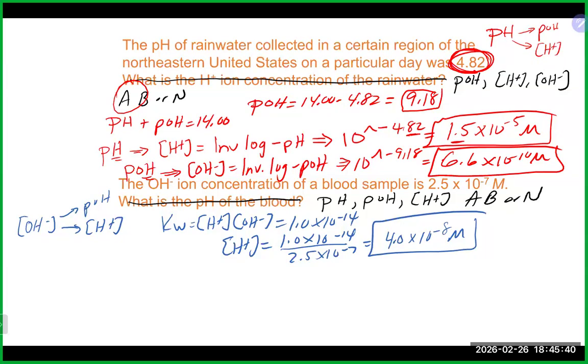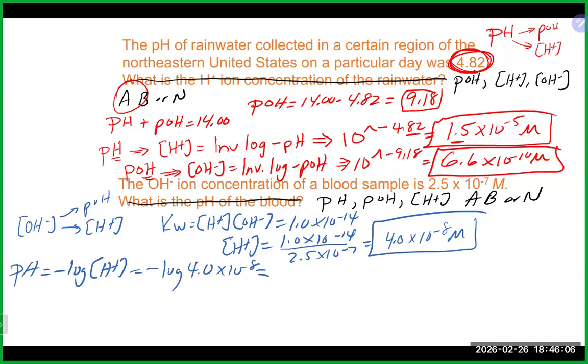At this point, we just need pH and POH since we have both the H plus concentration and the OH minus concentration. Our pH will equal negative log of the H plus concentration, which we just calculated. So negative log of 4.0 times 10 to the minus 8, it looks like. And that's going to get us here.